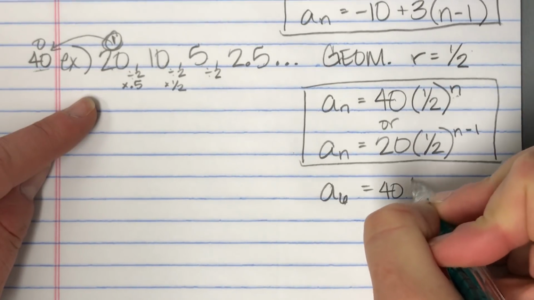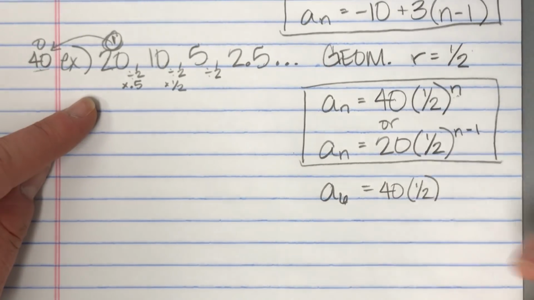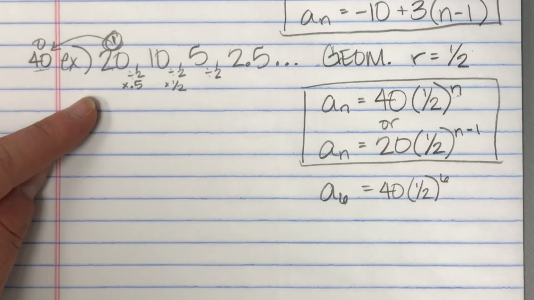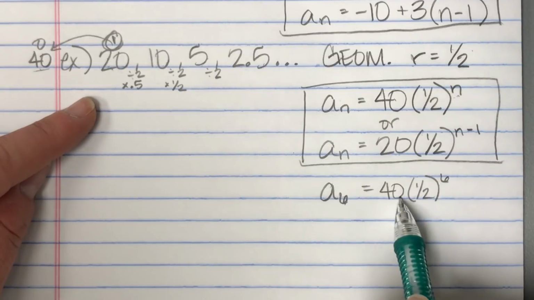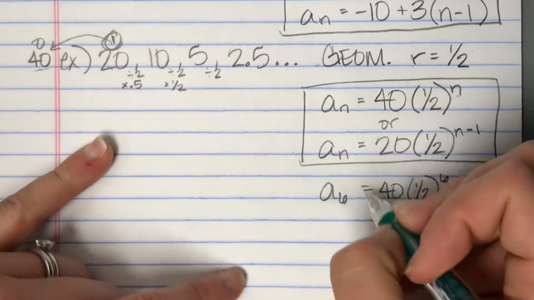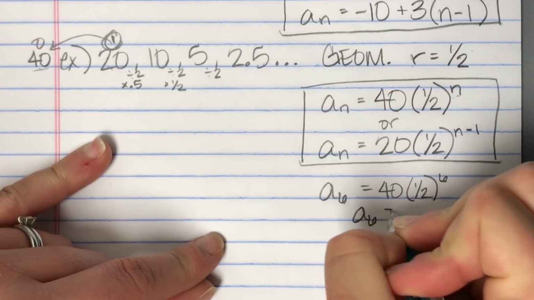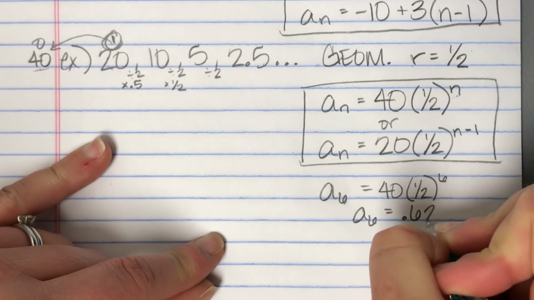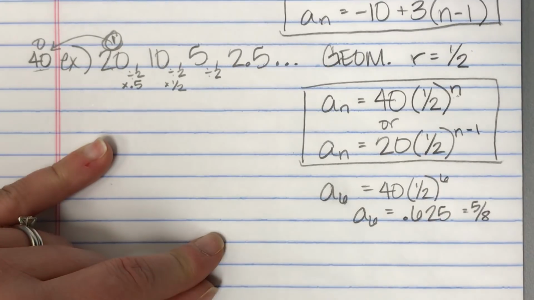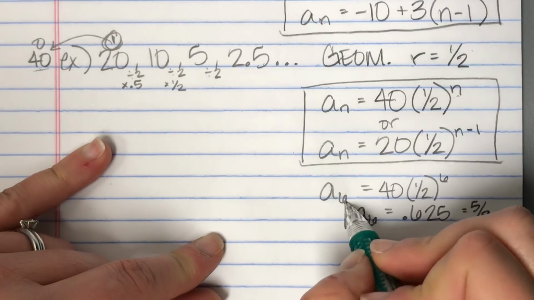So if I use the top one, I would do 40 times 1/2 raised to the 6th. I'd put that in my calculator, typing it in exactly as it appears, just the back part that I need to work out, and it would tell me that a sub 6 is 0.625. Or it might tell you that it's 5/8, depending on how you type it in your calculator.